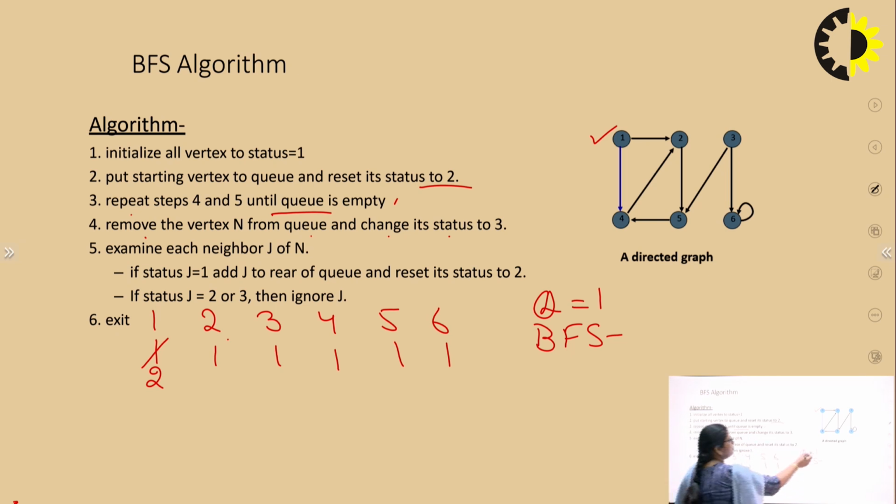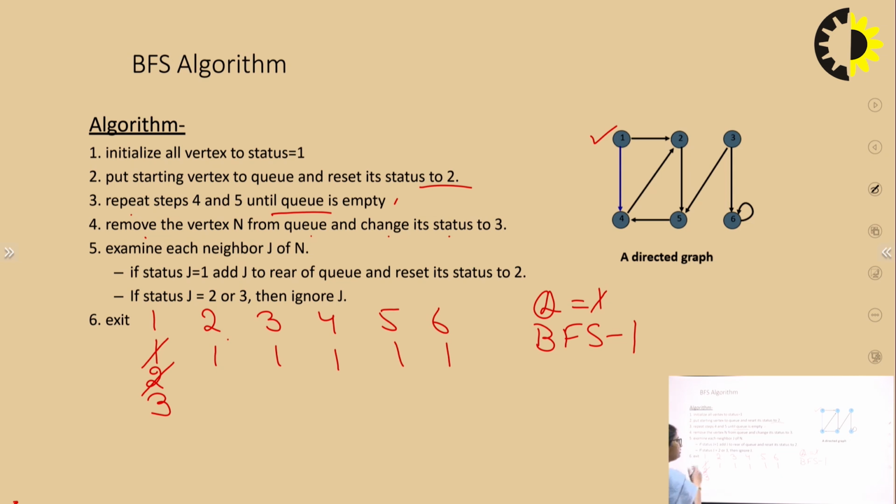So remove 1, deleted from Q, its status has been changed to 3. Let me repeat again. 1 means initial state, 2 means waiting state, it has already been added to Q but not yet processed, and 3 means processed. So 1 has been deleted, so it is in processed state. The status is changed to 3.